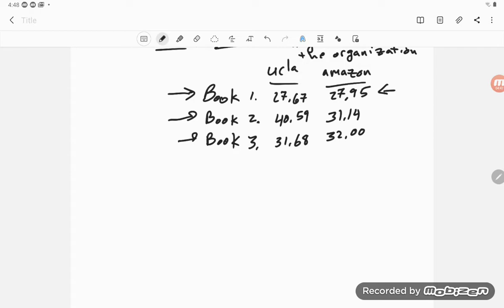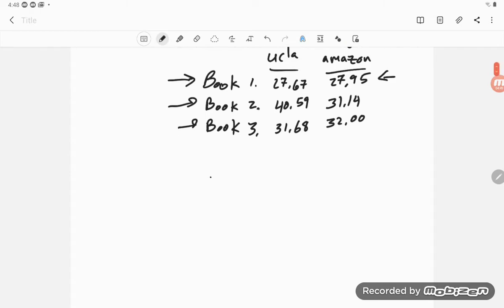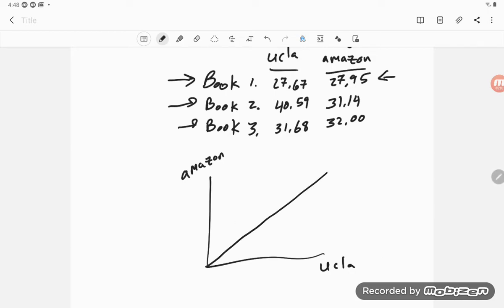But if I were to plot UCLA prices and Amazon prices like this, I would expect for each and every book, here is the y equals x line, say. I would pretty much expect to see data falling along that line.